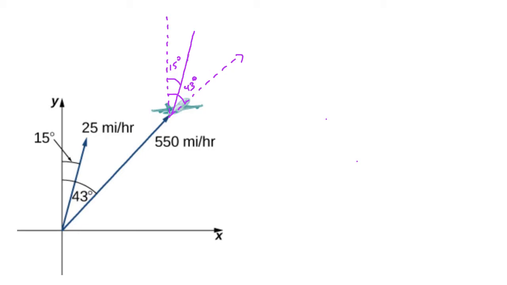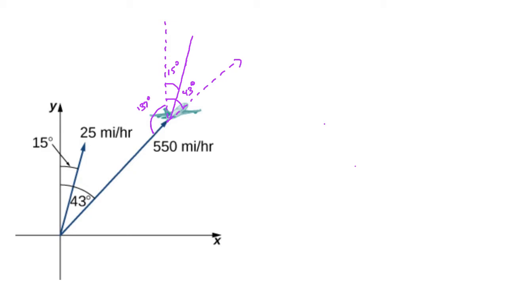If we look at the complement of our 43 degrees for the plane's velocity vector, that gives us 137 degrees. With this value, we can add our angle of 15 degrees to get the angle between the plane's velocity vector and our wind vector.